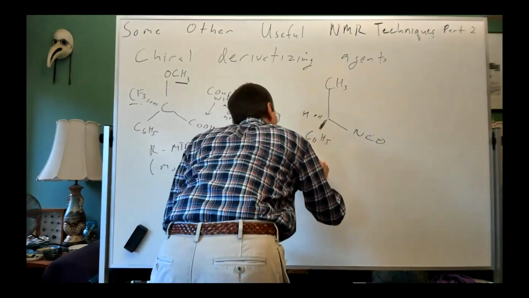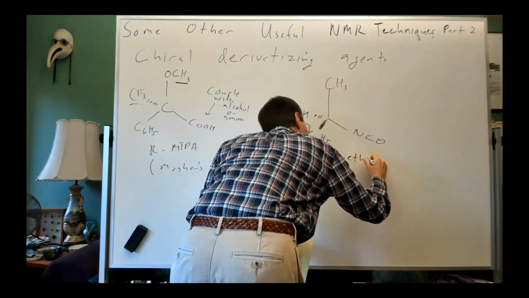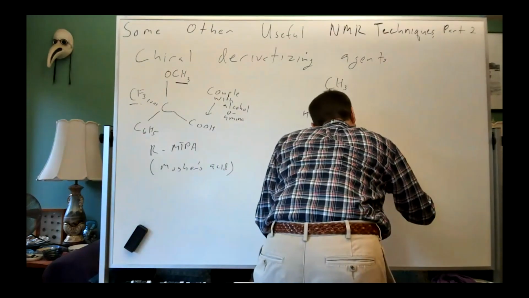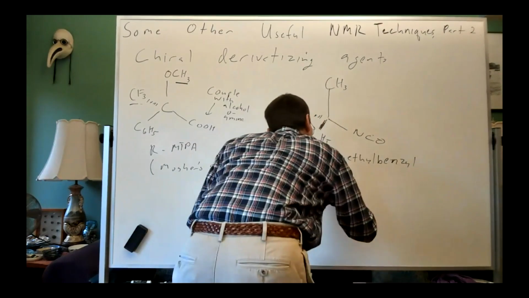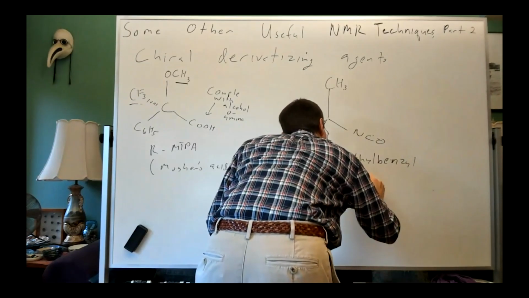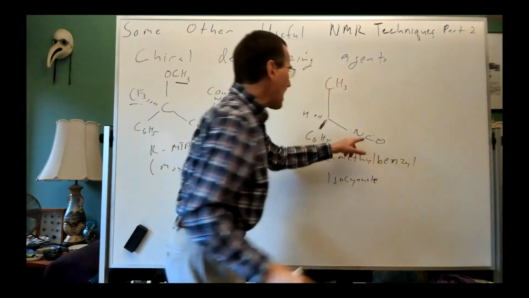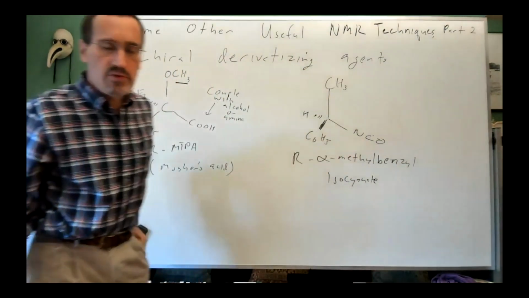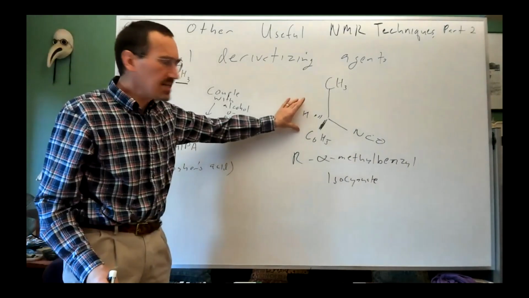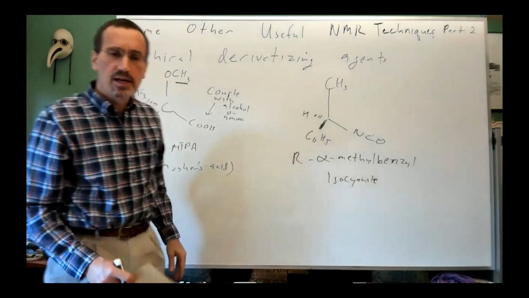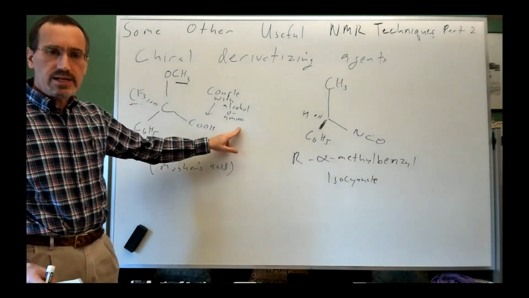So this is R alpha methylbenzyl isocyanate. And isocyanates react with amines to give ureas. And I'll show you an example of this, although not exactly with this reagent, in just a moment. But these would be two good examples.